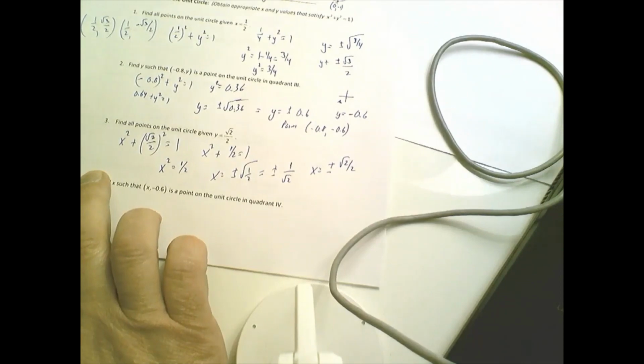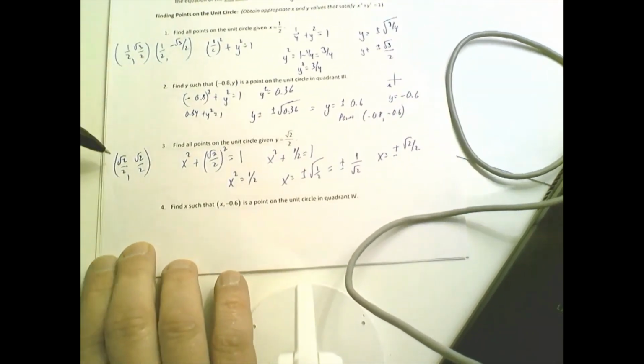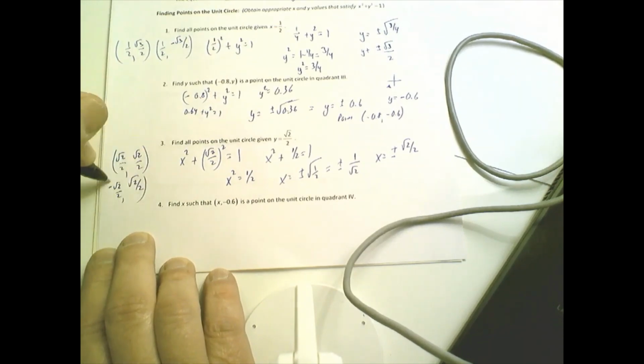What are my desired points? Square root of 2 over 2, that's my positive x value, and we said y by default was square root of 2 over 2. There's my first point. My second point, let x be negative square root of 2 over 2, and again y is square root of 2 over 2. Those are my 2 points.